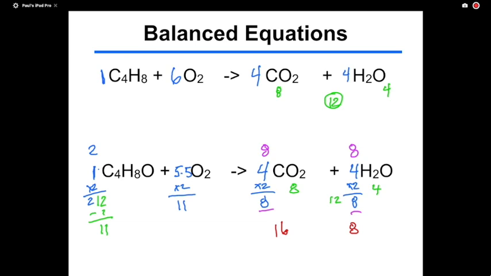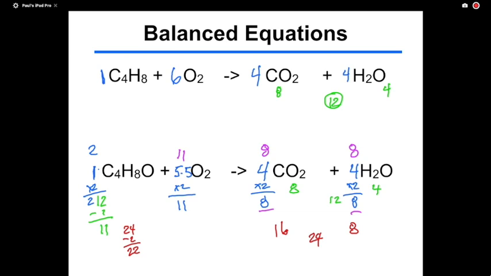How many? 24. Okay. On this side, I need 24. How many do I have right here, oxygens? 2. How many more do I need? 22. And what could I have put in front of this oxygen to get 22? I could put 11.